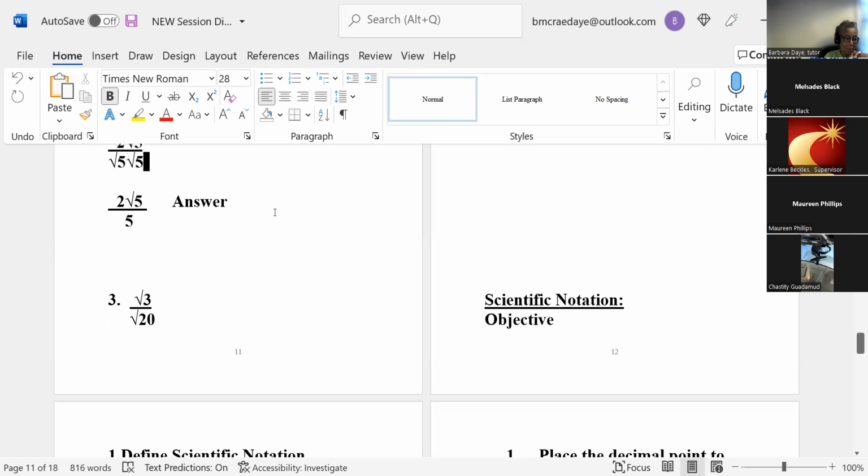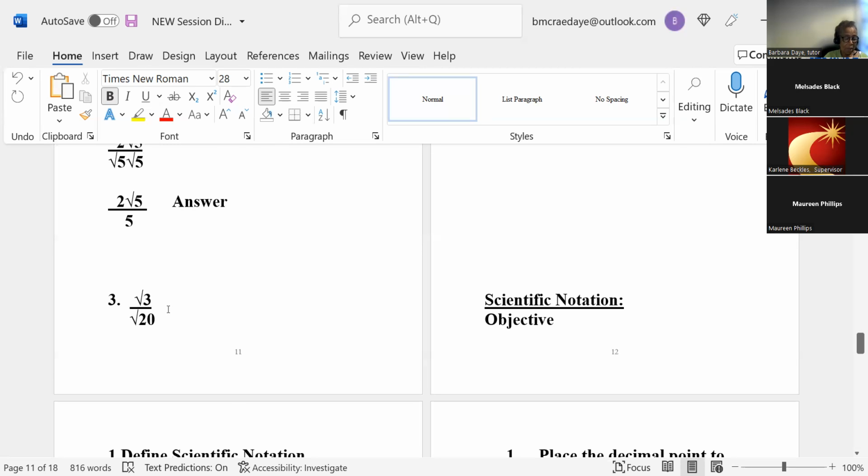But if you have numbers that are not prime numbers, then you may have to factor them before you do your radical. Like the square root of 20. You'd have to take the 4 and the 5. You know how we've been breaking the square roots into 2 square roots? So it'd be square root of 4 times square root of 5. Square root of 4 is a 2. And now you multiply the square root of 5 times square root of 5. You follow what I'm saying for number 3?